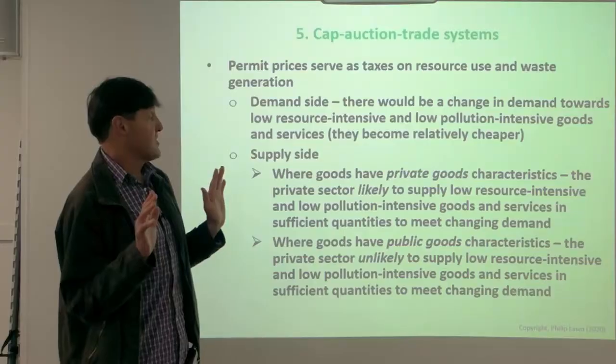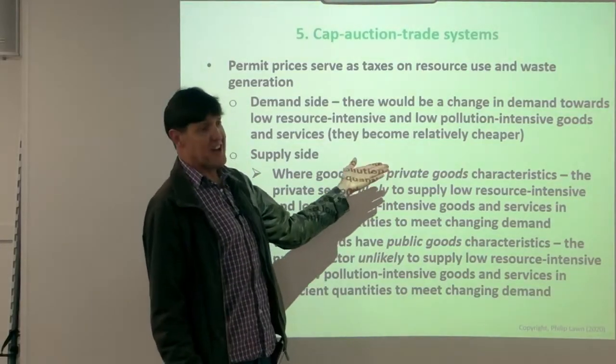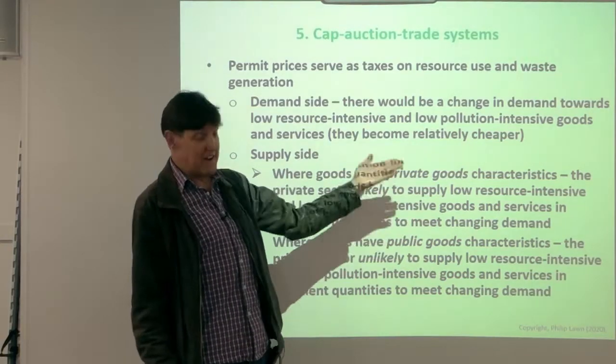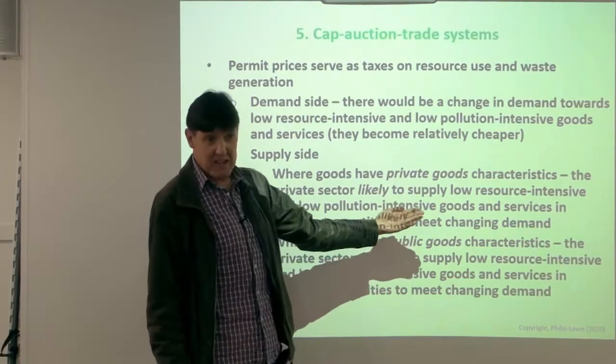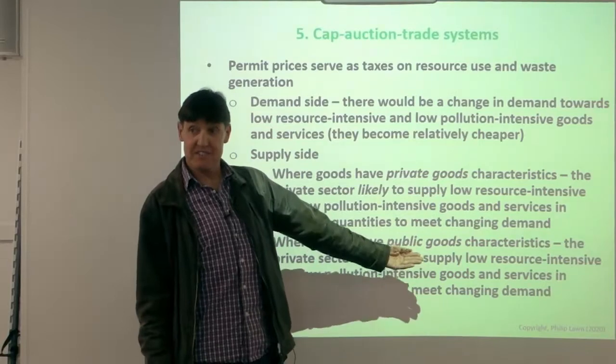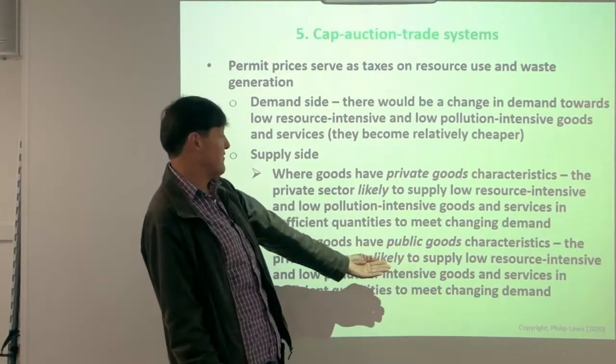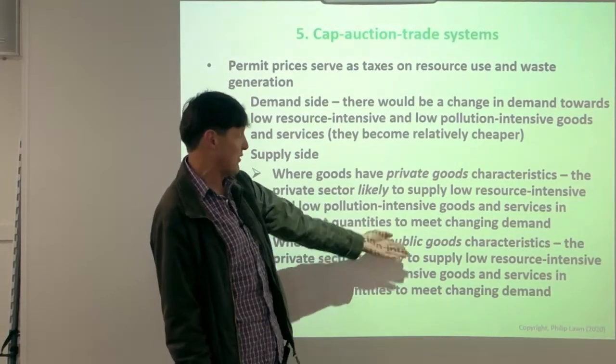The 2 main characteristics that determine whether a good is a private good or a public good is not who ends up supplying the good, although the private sector is usually good at supplying private goods but not very good at supplying sufficient quantities of public goods, so governments need to do that. But that's not the real reason why they're called private and public goods.